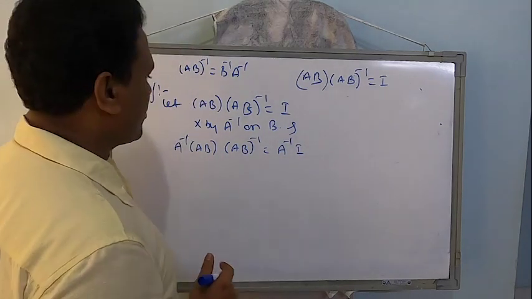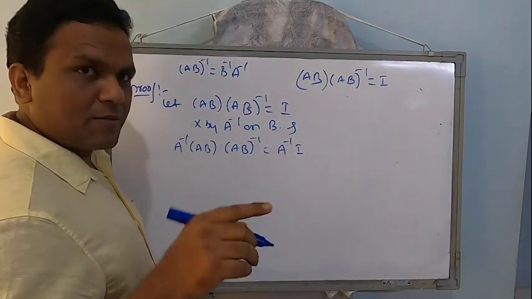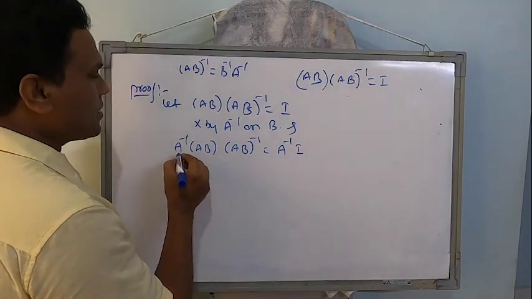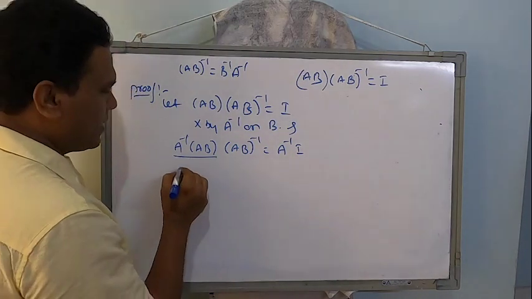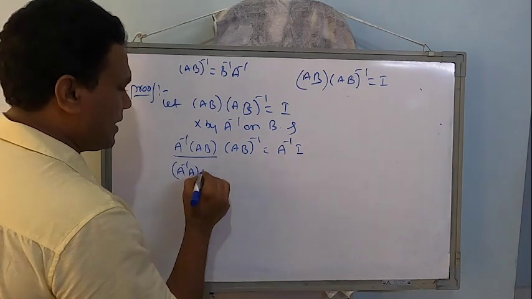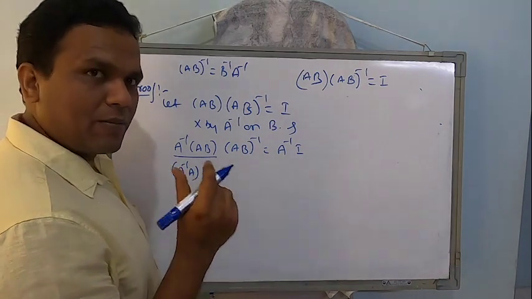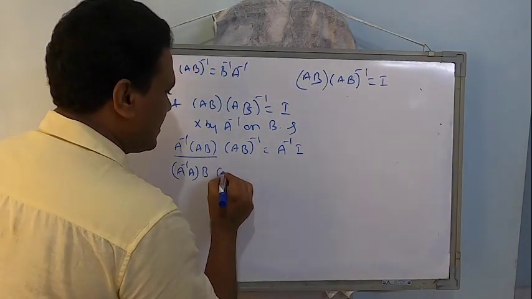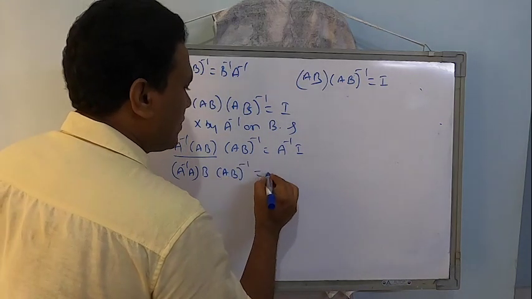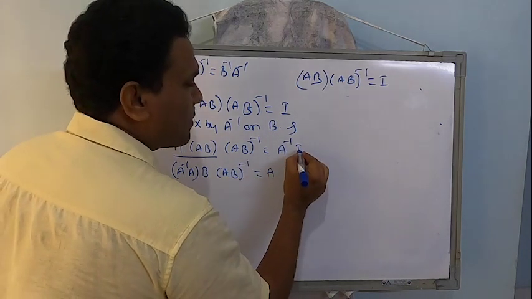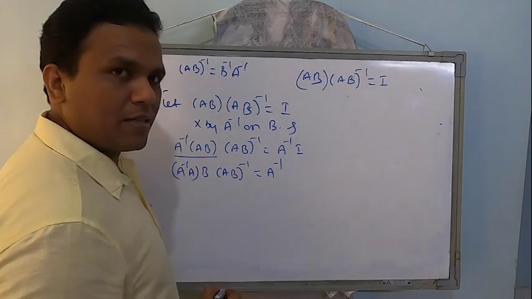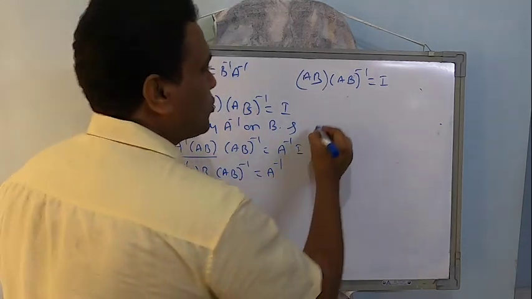A simple proof is there, so you can observe. And remember, matrix multiplication is associative. We know this. So instead of writing it this way, A inverse multiplied by A multiplied by B, because matrix multiplication is associative, let me retain AB the whole inverse equal to, and a matrix multiplied by identity is nothing but the matrix itself. So I applied two things here.